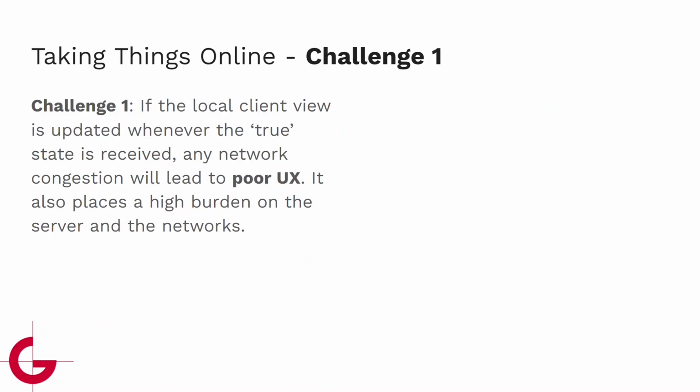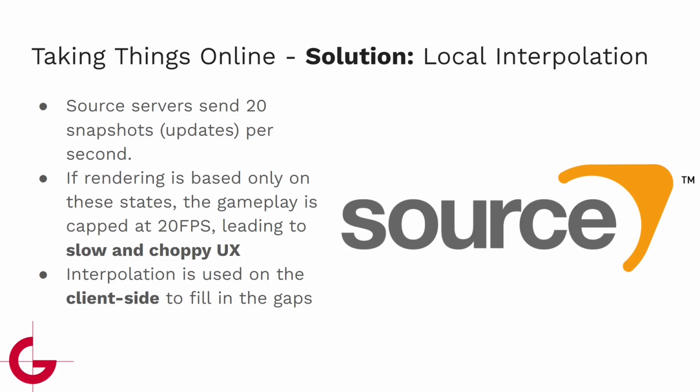So challenge number 1. Let's see. We're going to look at how the Source engine, which is the game engine behind games like Team Fortress 2 and Counter-Strike, introduces a solution to these challenges. And let's see how it works.